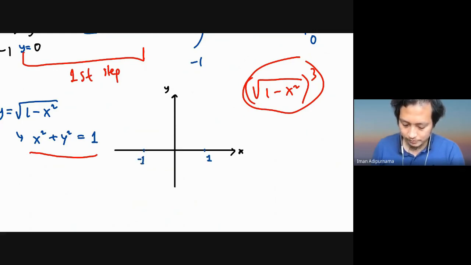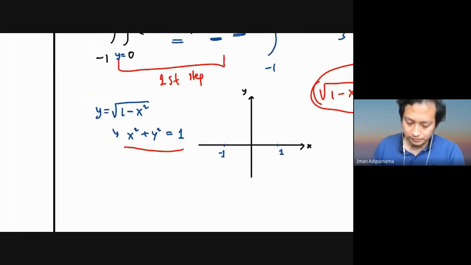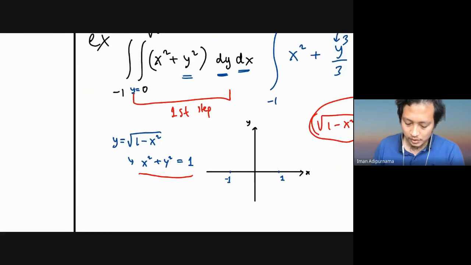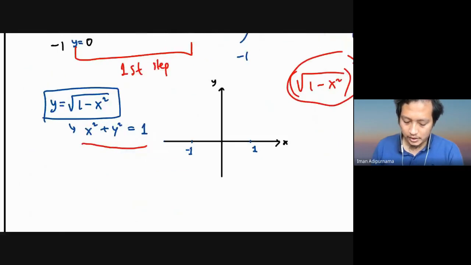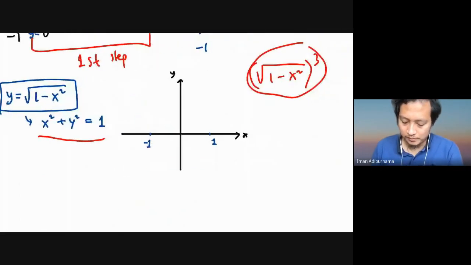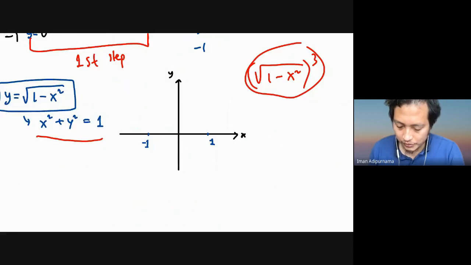And then y starts from 0 to this. If you check and try to plug in the points, you will get that this is 1, and it will be a semicircle, right?